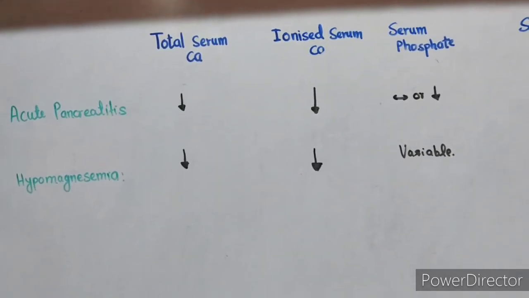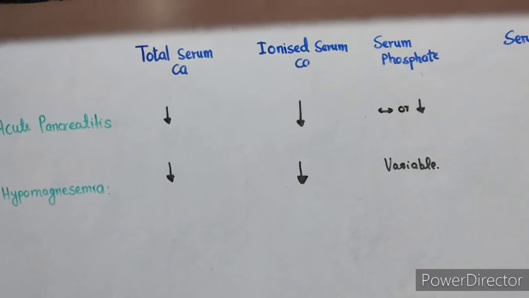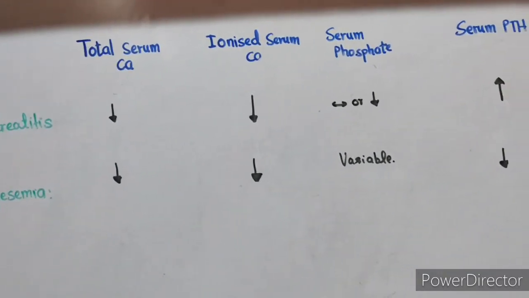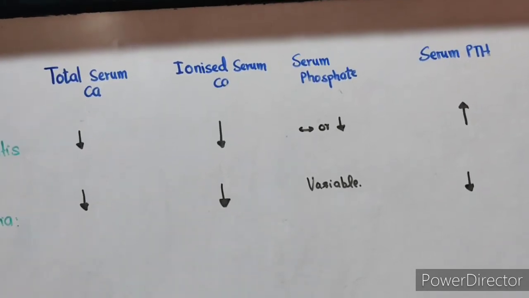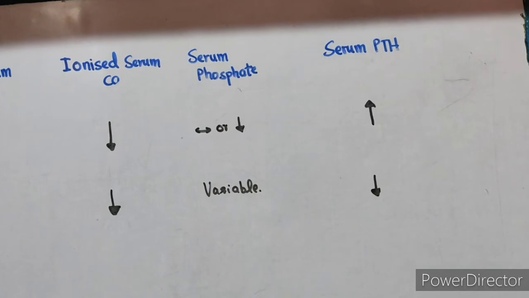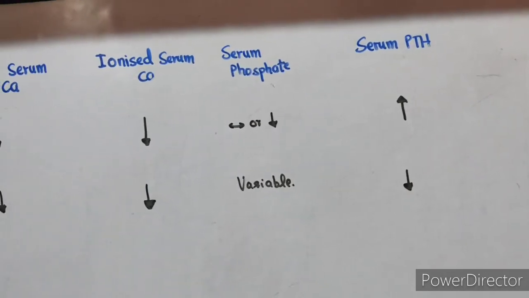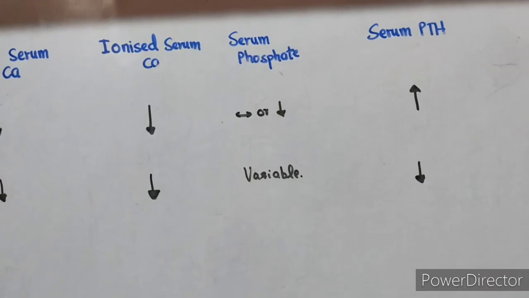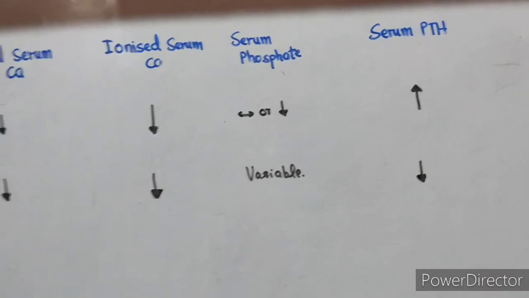Due to the combination of free fatty acids with calcium, total serum calcium and ionized serum calcium both will decrease. Decreased ionized serum calcium will stimulate the parathyroid gland to produce more parathyroid hormone. This increased parathyroid hormone will try to normalize or decrease serum phosphate.